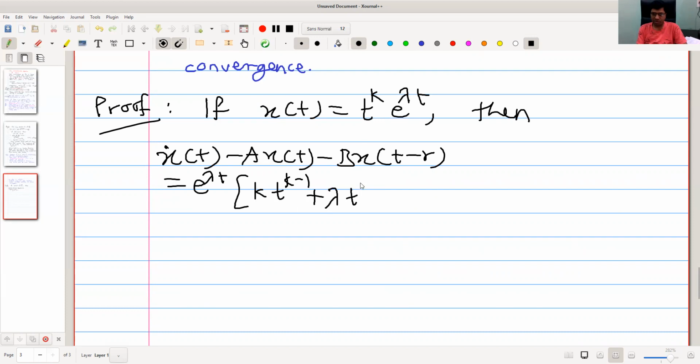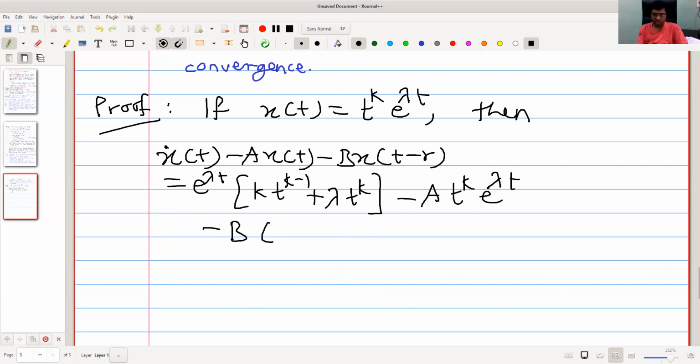So lambda into t raised to k. So x dot minus a x of t is t raised to k e raised to lambda t, minus b x of t minus r.